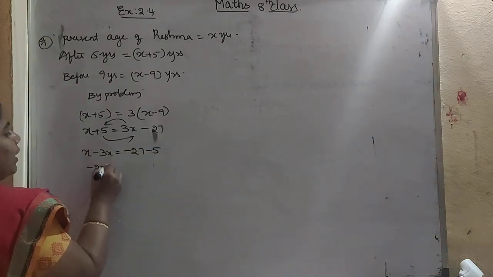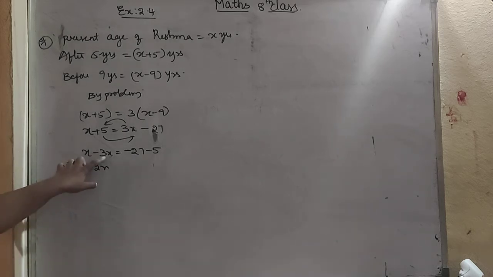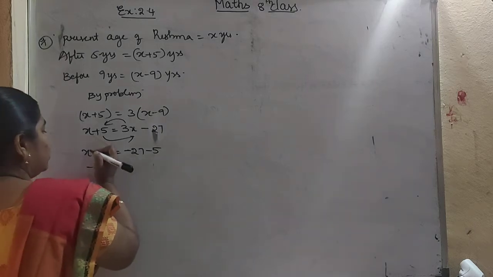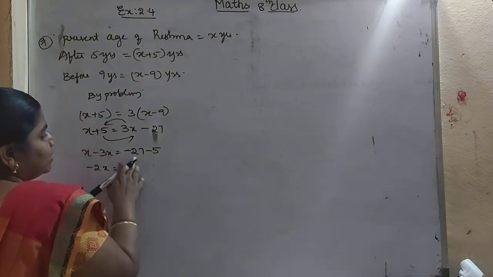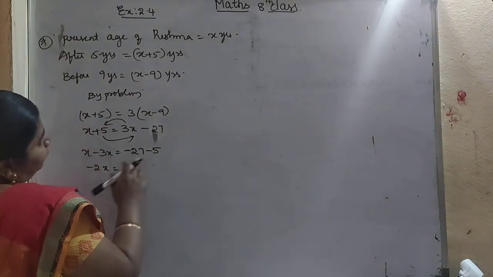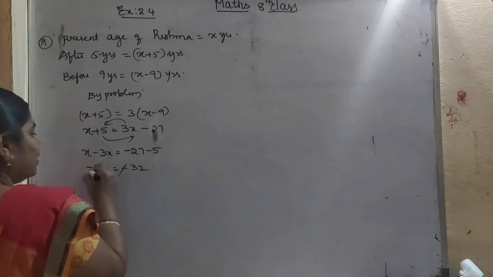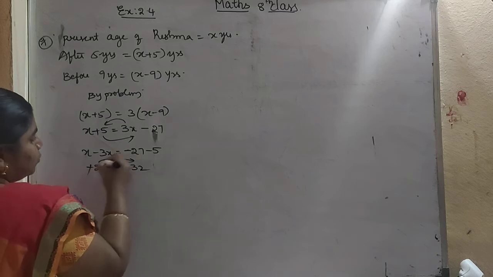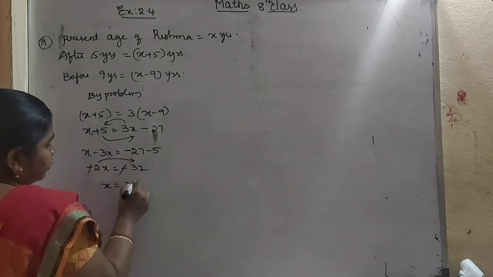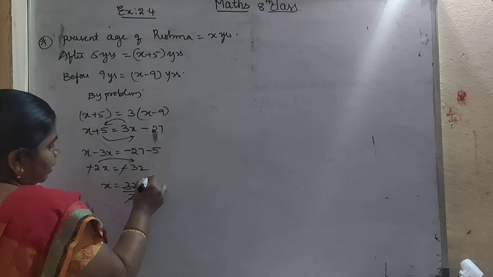So it will be minus 2x. 1 minus 3 is minus 2. So minus 2x equals minus 27 minus 5, that equals minus 32. Minus minus will get cancelled. Transposing 2 to the other side, x will be 32 by 2. 2 16s are 32.